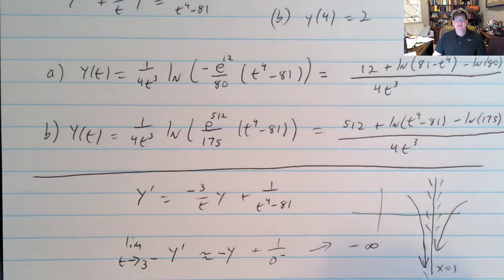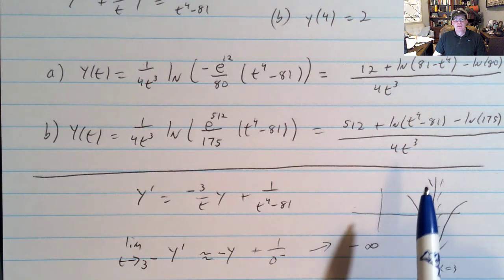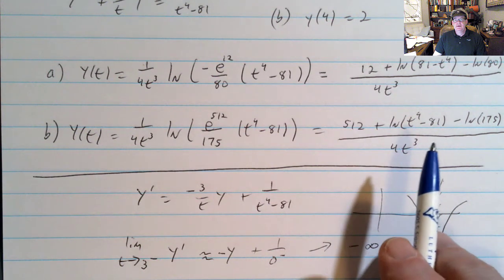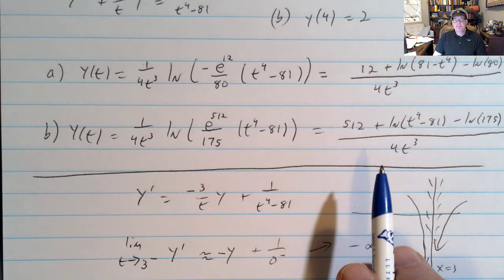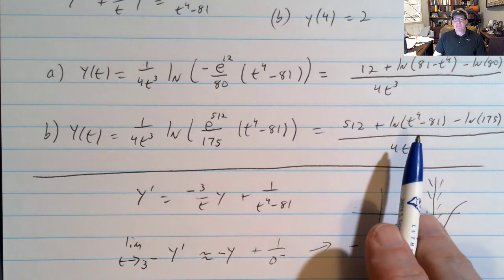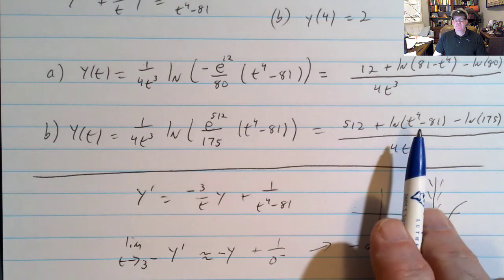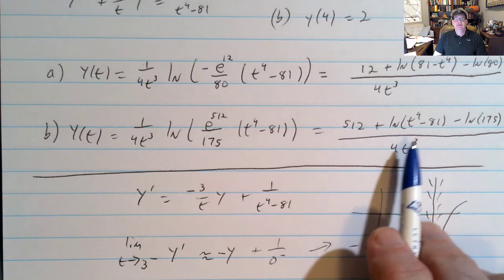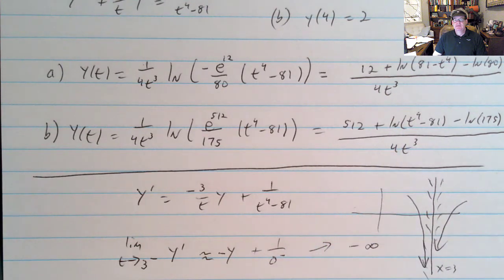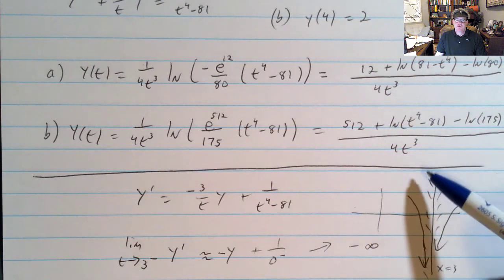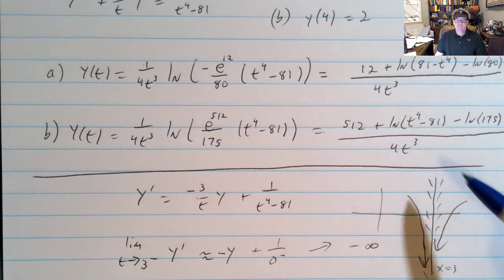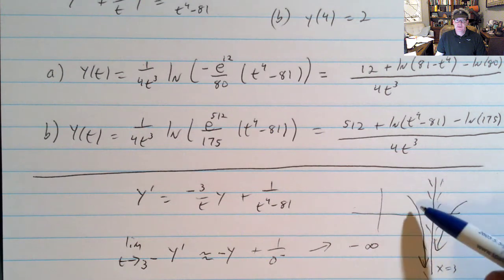Similarly, if you're bigger than 3, this will go to negative infinity. So both curves go to negative infinity.